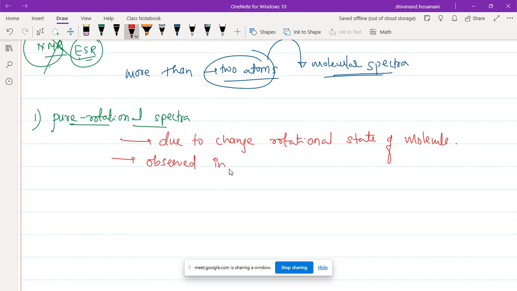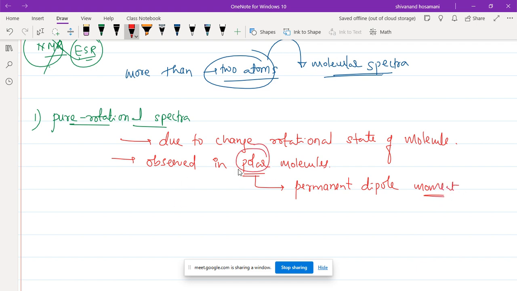Pure rotational spectra are observed in polar molecules, which have a permanent electric dipole moment.